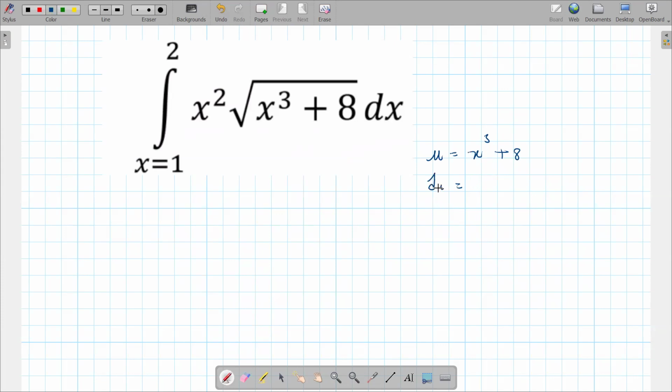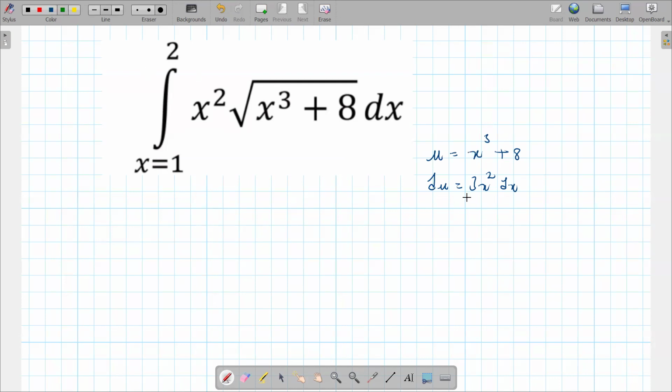What about on the right side? There's a dx. Here's a 3. What's between them? x squared. And the derivative of 8 is a 0, so that goes away. So you have 3x squared dx. Cool?